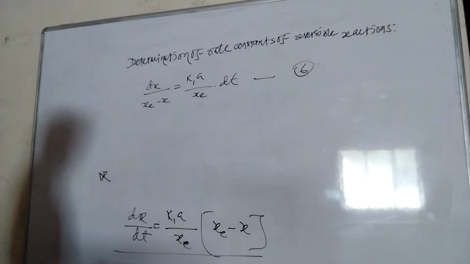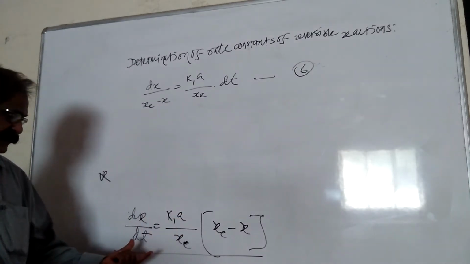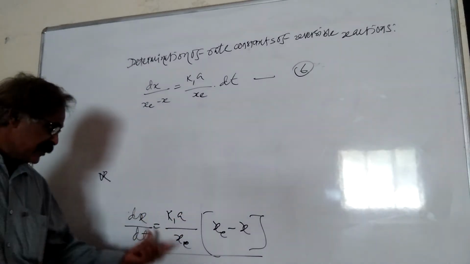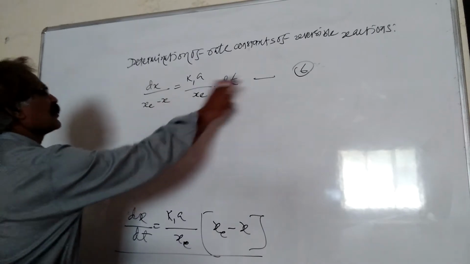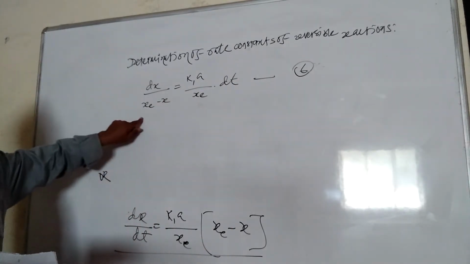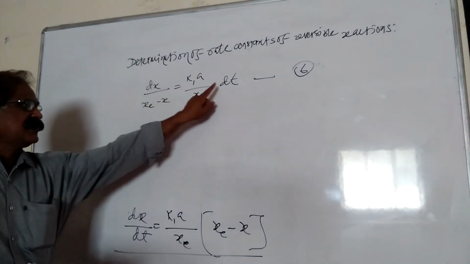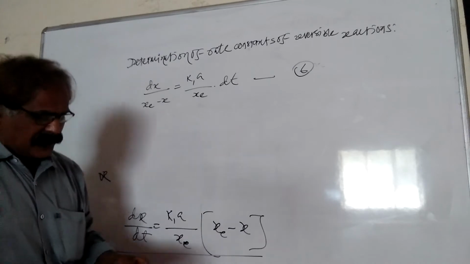That is known as what? The separation of variables. So when we separate the variables in this equation, we get equation number 6. And what is equation number 6? dx upon (xe minus x) is equal to K1a upon xe into dt.